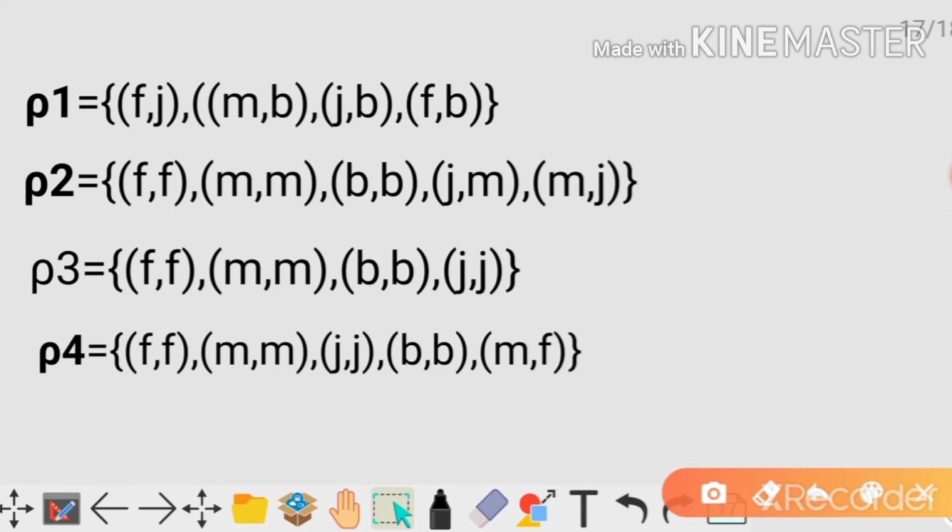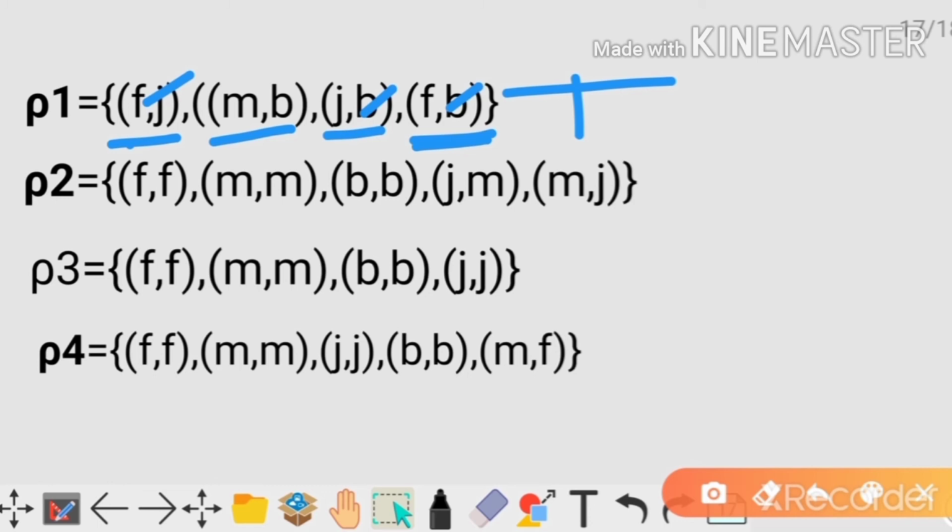For rho 1, it contains FJ and JB, so it's like AB and BC, and it also contains FB. So it is transitive. If you talk about MB, there is no element that starts with B, so we need not be worried about MB. It fulfills the transitive relation for these 3 elements, so it is transitive.